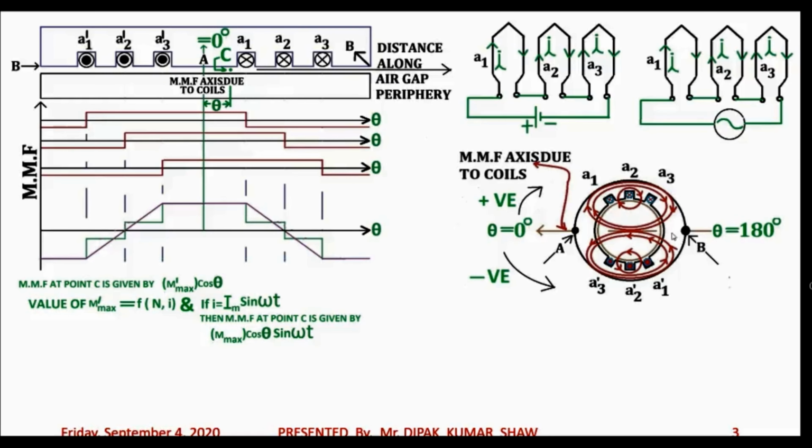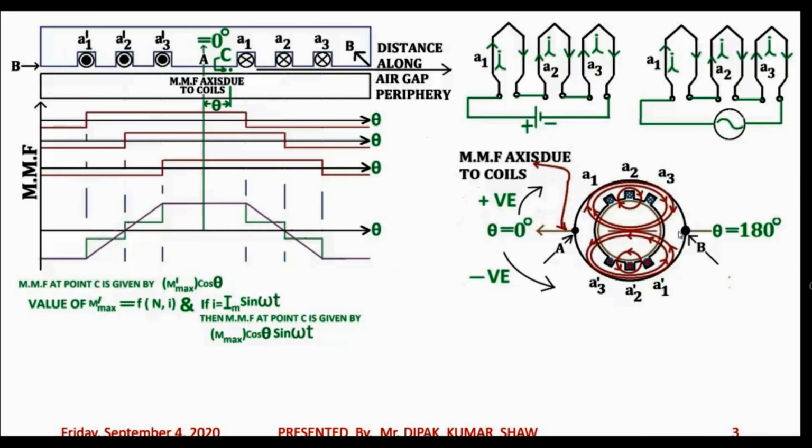So you will have a north pole over here at point B on the stator core. Whereas at point A on the stator core, you will see that magnetic lines of flux are entering. So this will be your south pole. So we see that there are only two poles which are going to develop on the stator core.